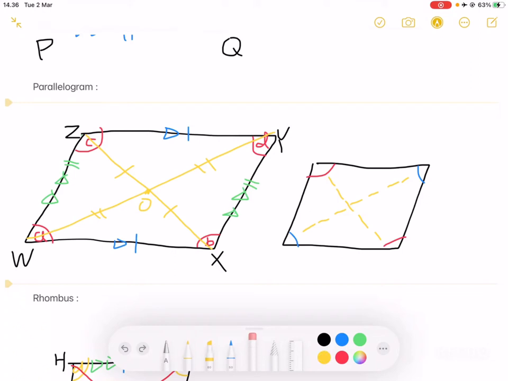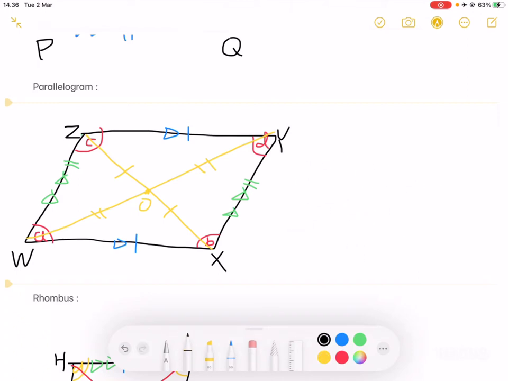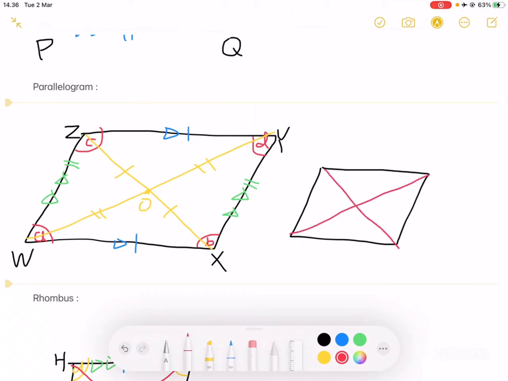And the last thing to mention about parallelograms is its diagonals. I'm just going to draw another diagram for configuration. Its diagonals look like so. They bisect each other but in a slightly different way. This diagonal I'm just going to call D1, and this diagonal D2.